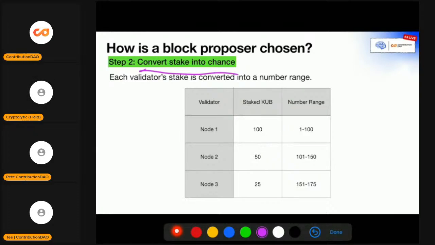How the chance is determined by the staked KUB is quite simple in KUB Chain.